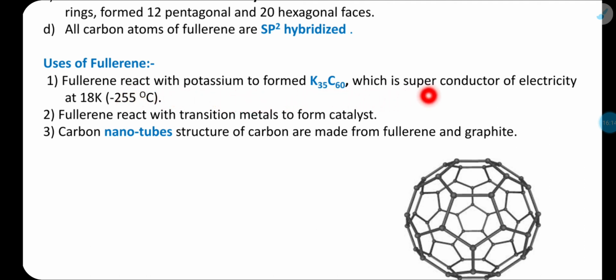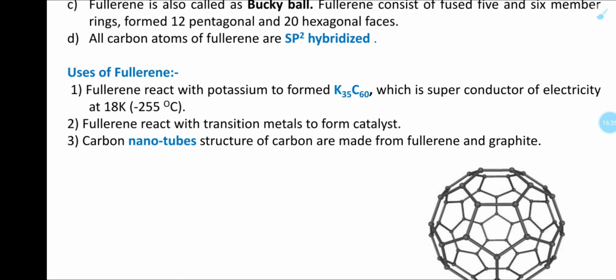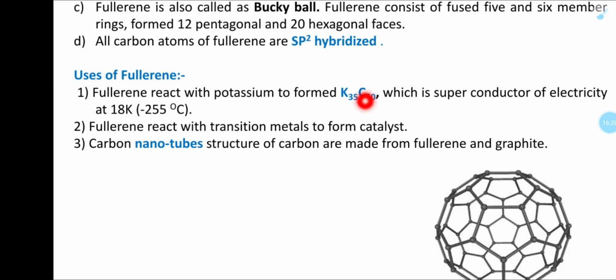So this is a superconductor, because at that low temperature, minus 255 degrees Celsius, it shows conductivity, while most compounds do not show conductivity there. But by using fullerene, we form the compound K3C60, which is very important and shows superconductivity up to minus 255 degrees Celsius.